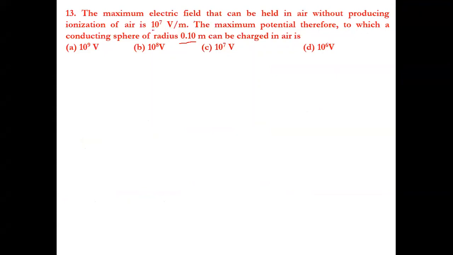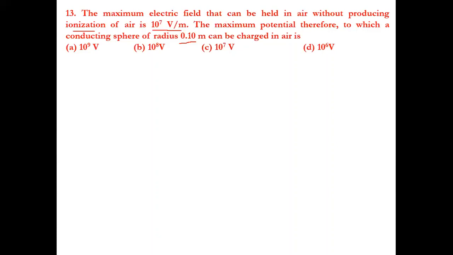See, what is this 10 to the power of 7 volts per meter? The maximum electric field that can be held in air without producing ionization. If you remember, that is called the dielectric strength.